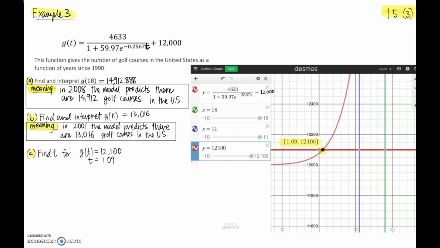I'm going to tell you this is a real advantage using the graph instead of the formula in a case like this. To solve the equation 12,100 equals all of that for little tiny t right here, that's a lot of algebraic work. So in this case, it worked out really well to graph the function and read off information about the function from the graph.